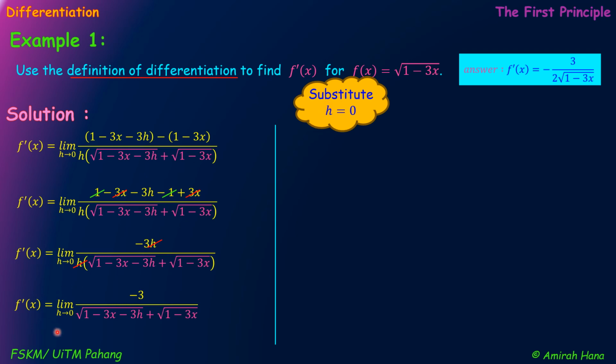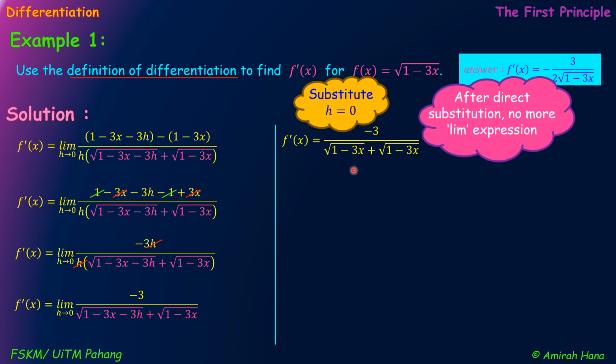After we substitute h equals 0 into this function, we get negative 3 over square root of 1 minus 3x minus 3 times 0 equals 0, so no more minus 3h, and then plus square root of 1 minus 3x. Remember, when we use direct substitution, no more limit expression. That's why there is no limit here.